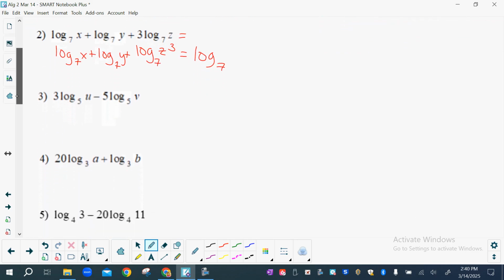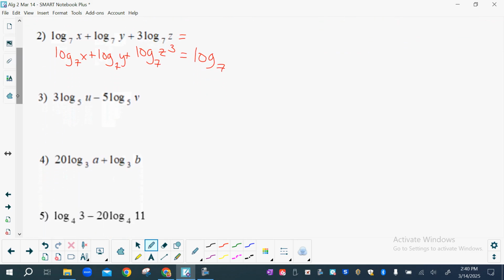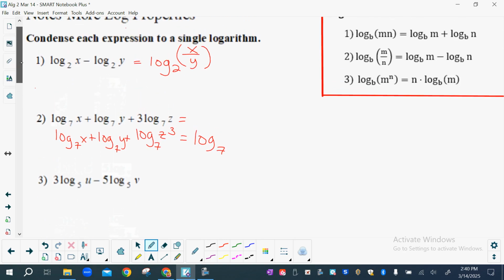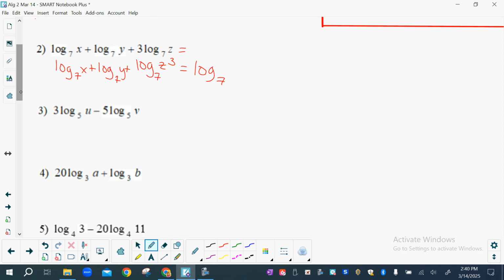Because it's addition, we're going to use number 1. So addition means multiplication. So we're going the other direction. Yes, it's a little harder when we go in the other direction. So then this becomes log base 7 of x times y times z to the 3rd.